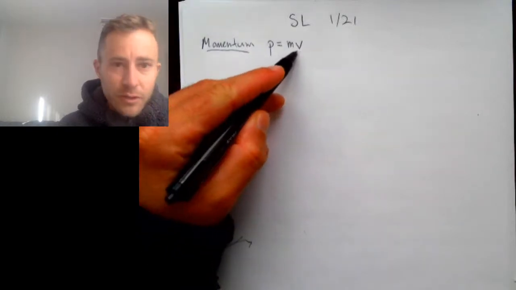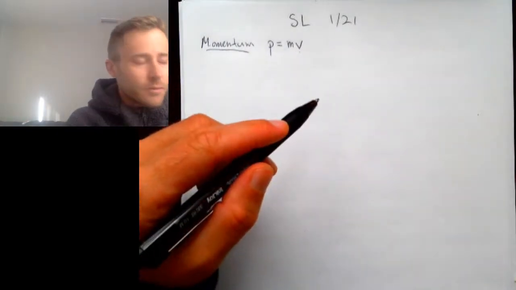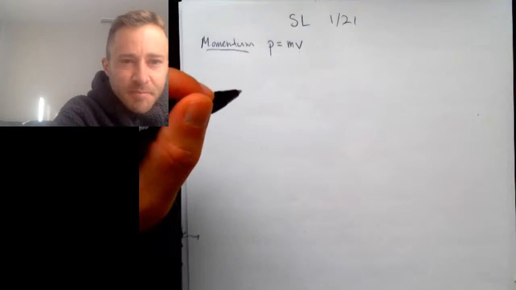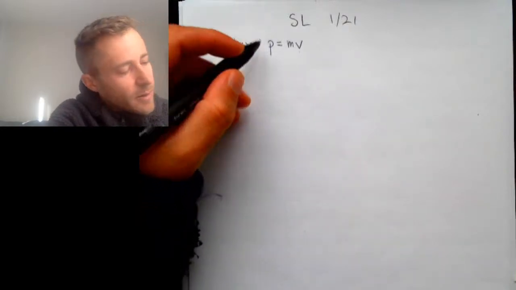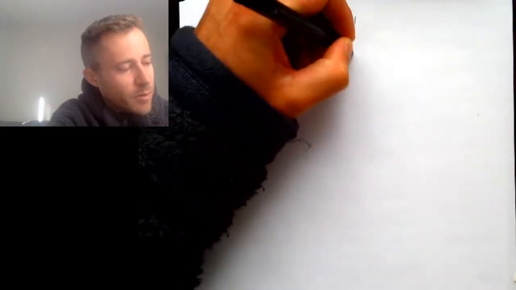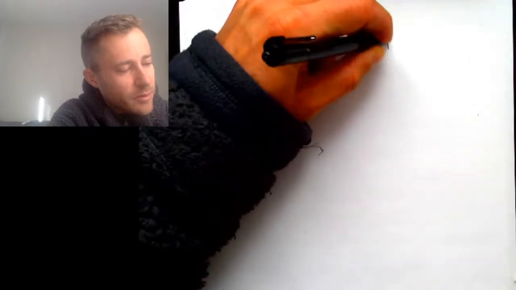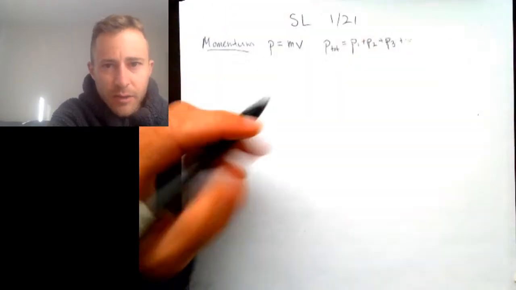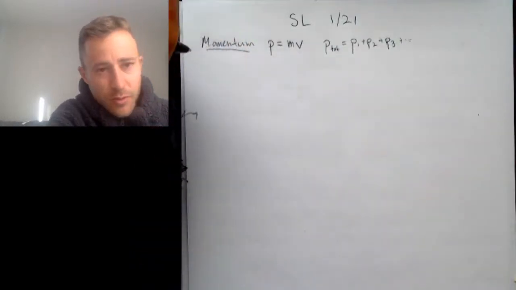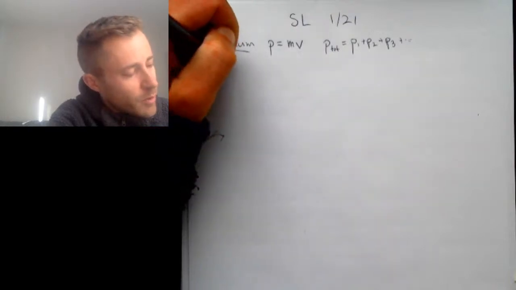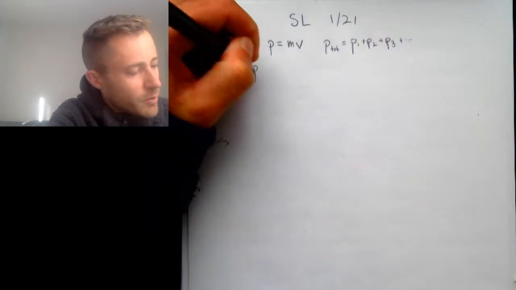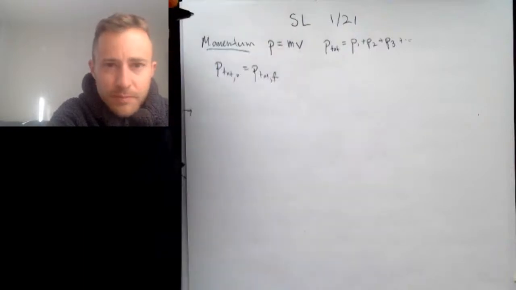Momentum is a vector in the sense that you can have positive momentum or negative momentum. The total amount of momentum is just going to be P1 plus P2 plus P3 plus however many things you have. And the important thing about momentum is that it is conserved in a collision. So the total momentum before the collision is going to be equal to the total momentum after the collision.